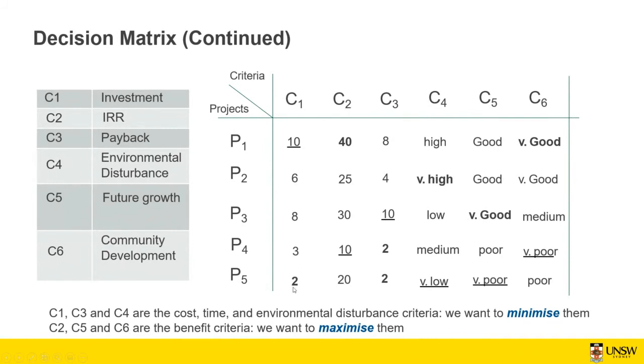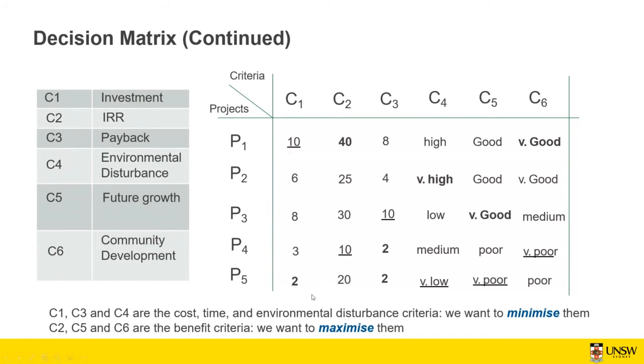But as we said, you want to minimize. So your aim is to minimize this in order for the project to be perfect. So the 2 is your best number. So P5, project number 5, offers the best value for investment. And project 1 offers the highest investment cost, which is not preferred.